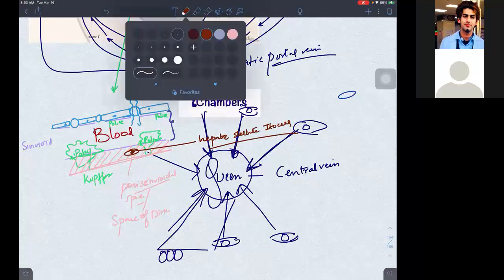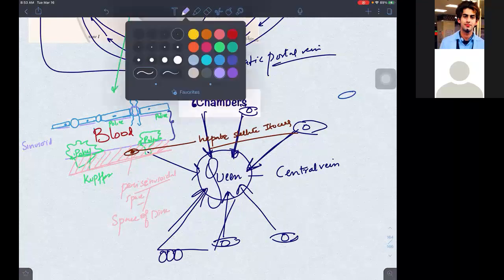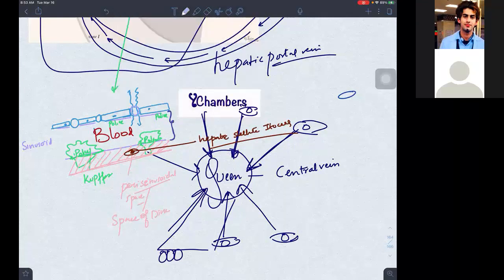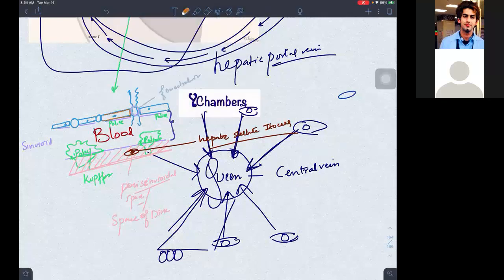So what are these? These are called fenestrations. They are round windows. Can I say the endothelium is getting discontinuous at the fenestrations?